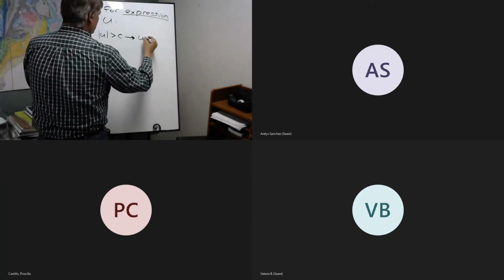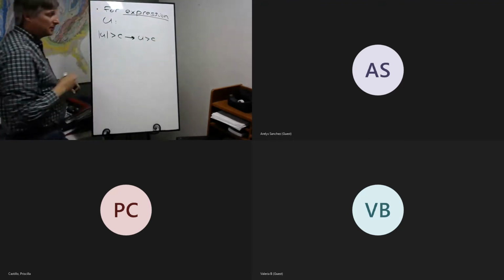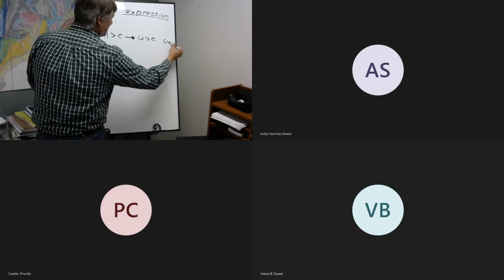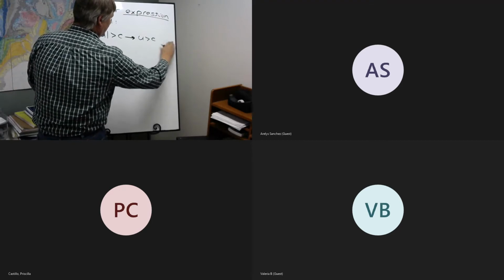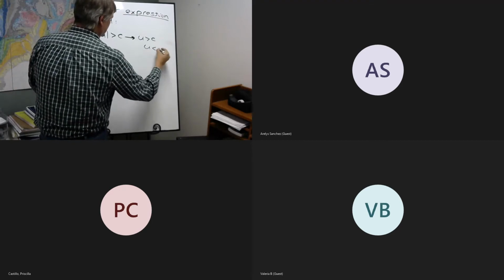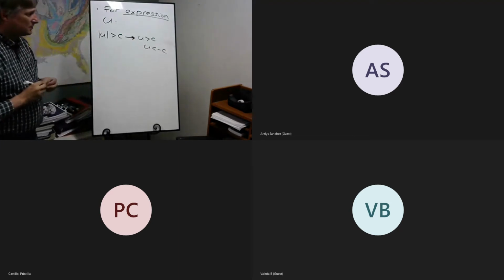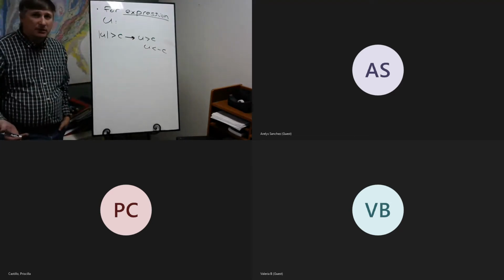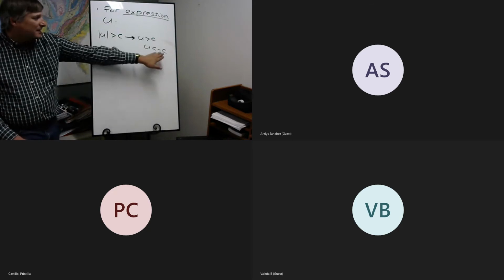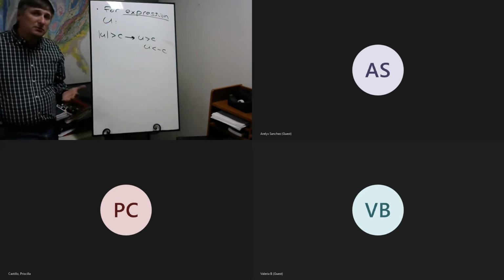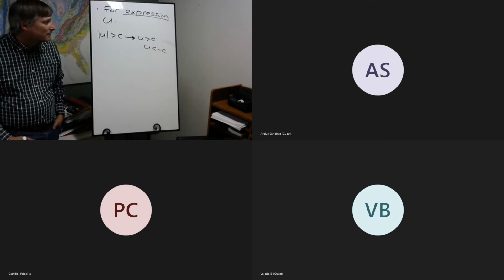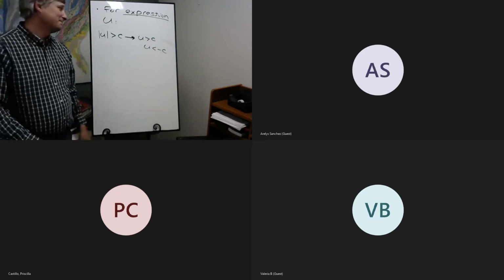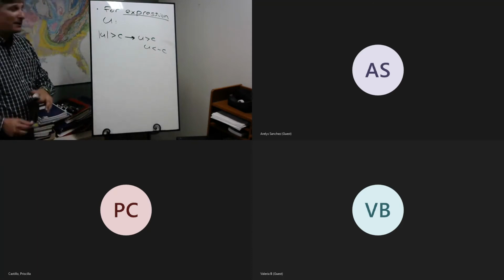U greater than c, also u less than negative c. This is what we're going to get. So we could have x greater than 3 or x less than negative 3. And those are the two answers we had before. So x greater than 3, x less than negative 3. So let me do an example.